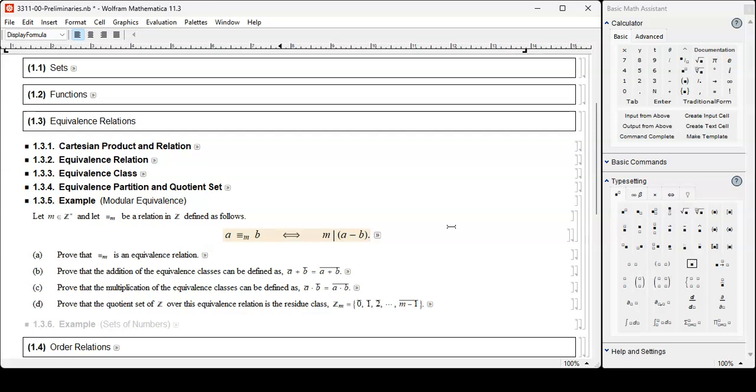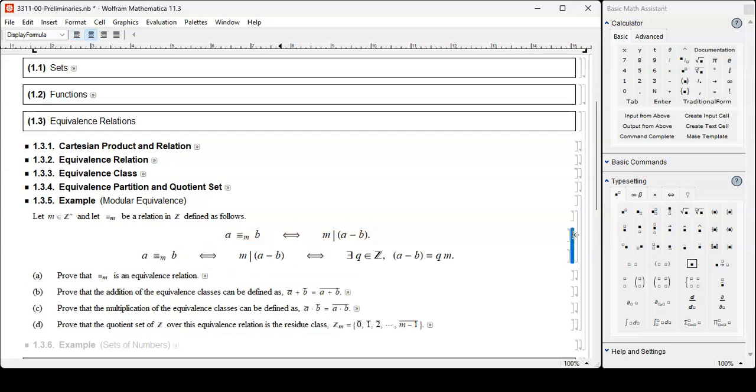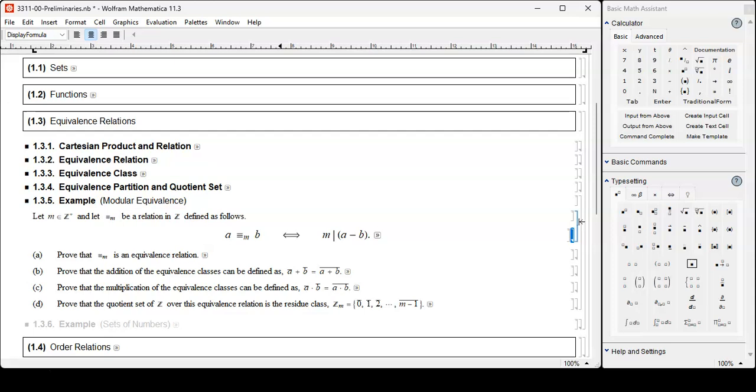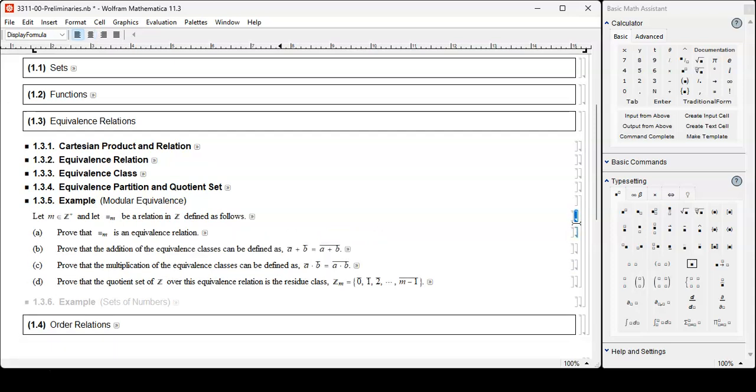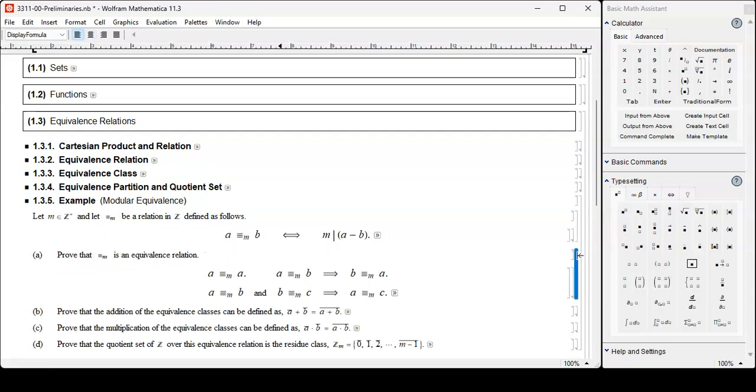You can prove that this is an equivalence relation. That's the equivalent way to define the same thing: M divides A minus B, so A minus B is some Q times M. And it's an equivalence relation, and you can actually prove it.